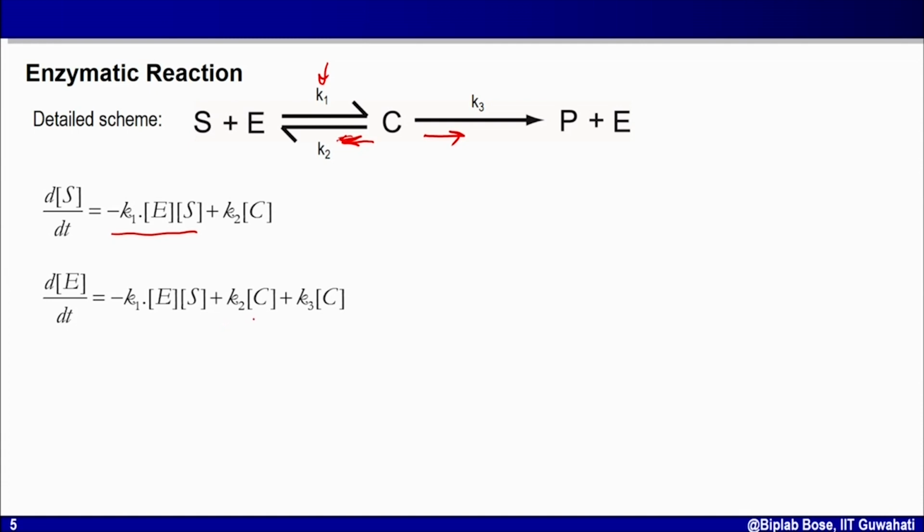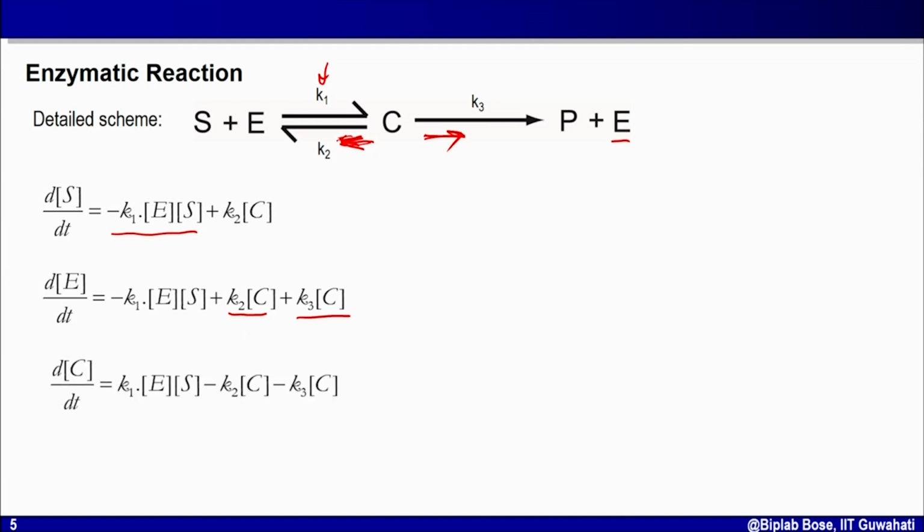K2 C is representing this reverse reaction from which C breaks and S and E is formed, and K3 C is representing the rate of this forward unidirectional reaction by which I also get E. So dE/dt is equal to minus K1 E S, that is the consumption, plus K2 C plus K3 C.